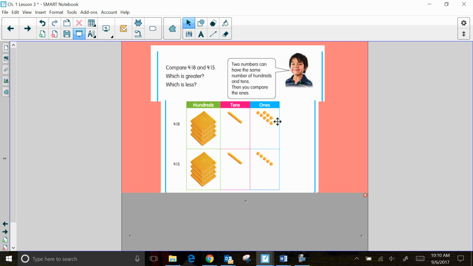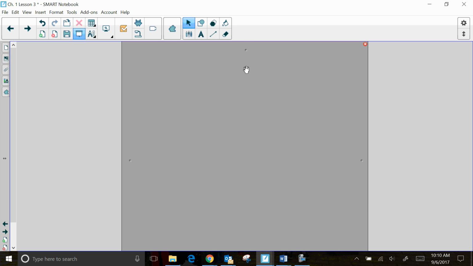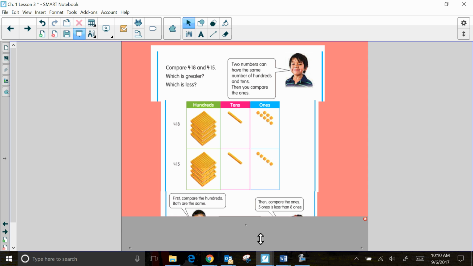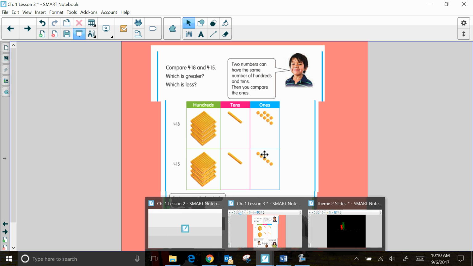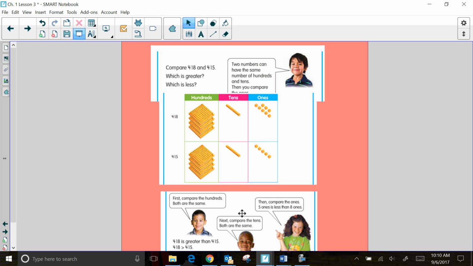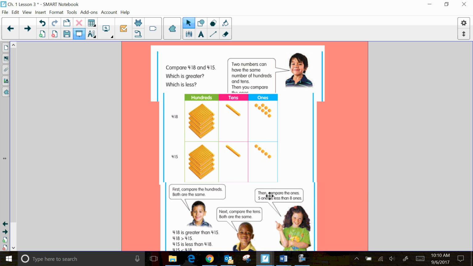We have to go to the next place value to figure out which is greater. So first, we compare the hundreds, then we compare the tens, then we compare our ones. 418 is greater than 415 because 8 ones is greater than 5 ones.